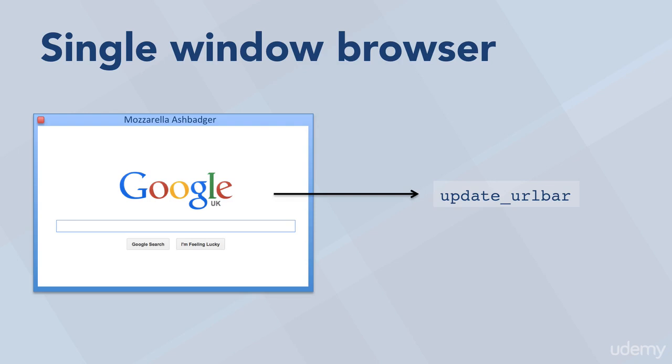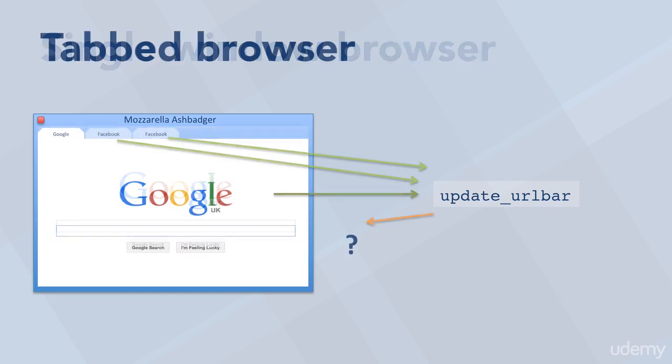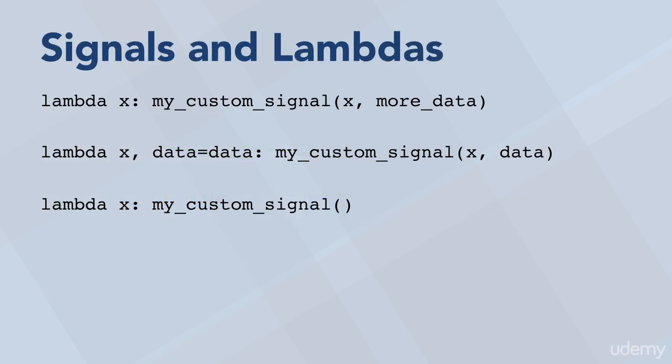What's a little more tricky is connecting up the various signals, for example with the URL bar and the navigation buttons, so they correctly affect the correct web view. When we introduced the signals and events, I showed you a few tricks for how to pass additional information along with a signal and redirect signals to particular things using lambda functions from Python.